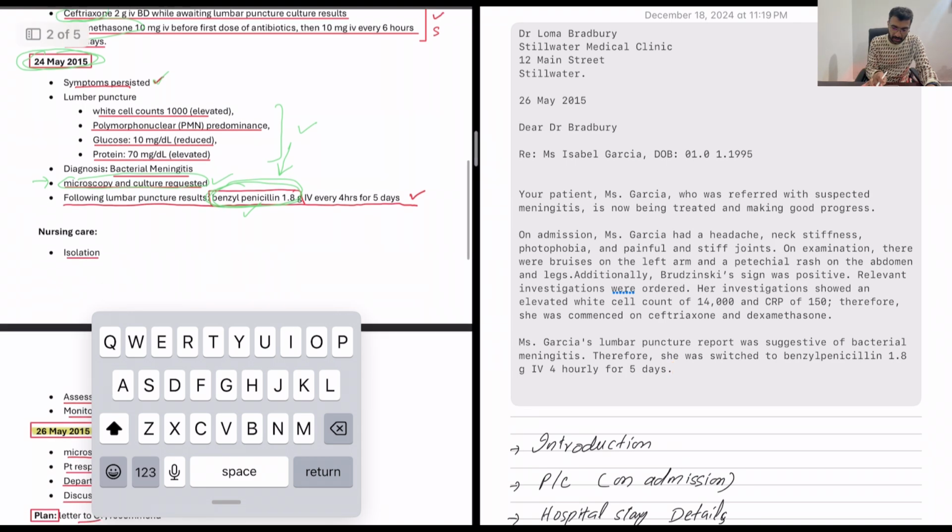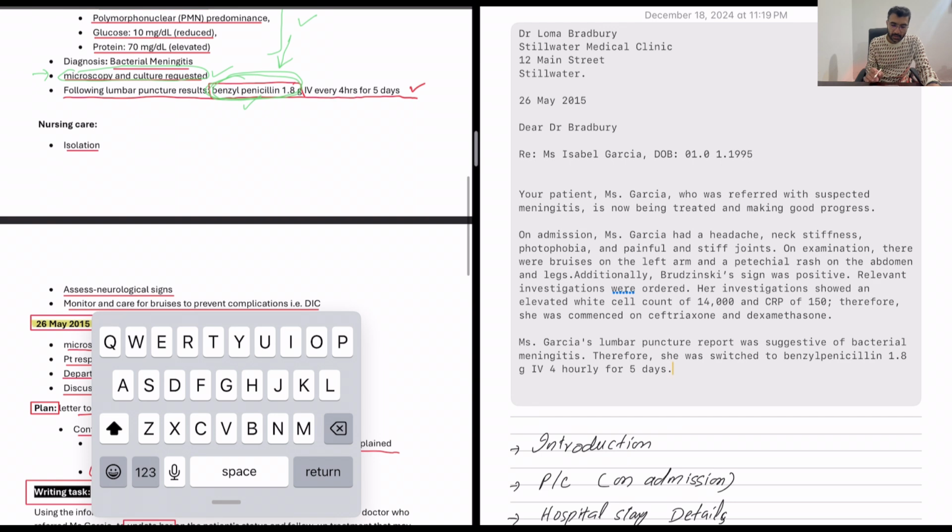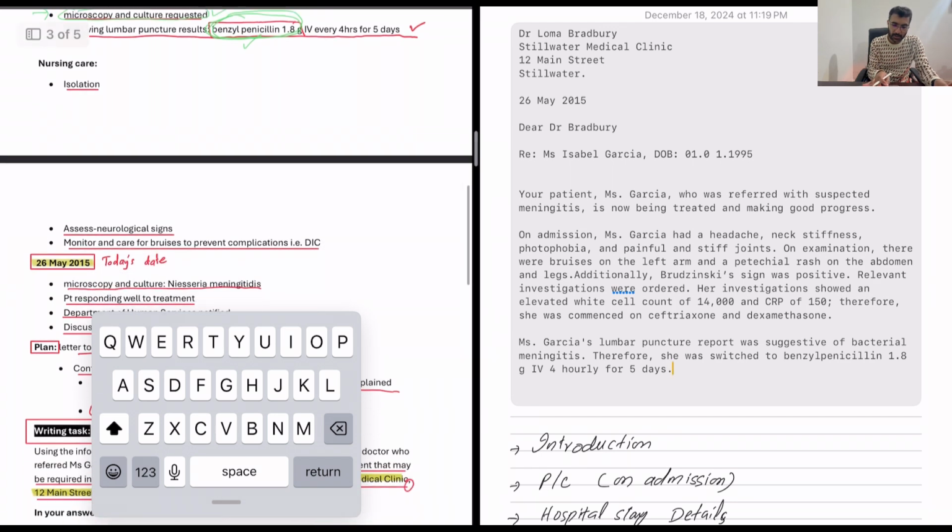What else? We have this nursing care now. Nursing care includes isolation, because in case of meningitis we need to isolate the patient, assessing for neurological signs, and monitoring for bruises to prevent complications such as DIC.